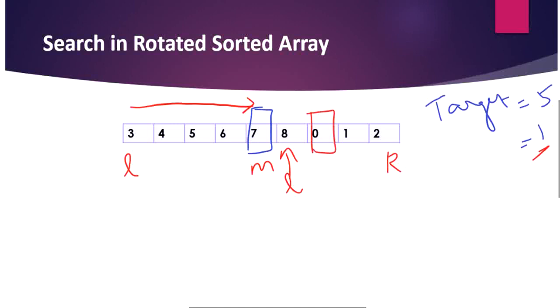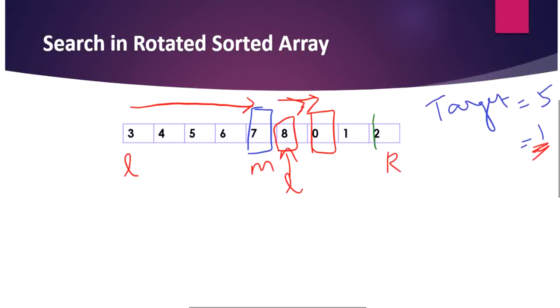So now we are again going to check whether the left half is in strictly increasing order. So now our left is 8. 8 is greater than our mid value, which means we are not in the strictly increasing phase. So we have to check the other half, whether 1 exists in the other half. How do we check that?